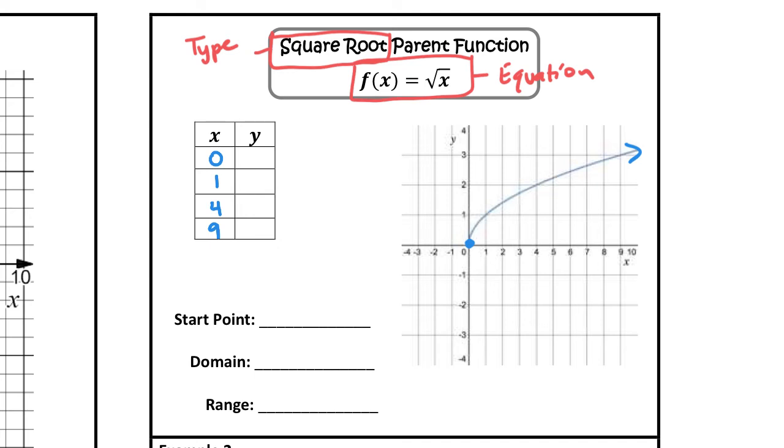So on the graph, it would be 0, 1, 4, and 9. Okay, and so what we want to do is take these x values and input them into the equation. So the equation is the square root, right? So if I want to square root 0, what's the square root of 0?